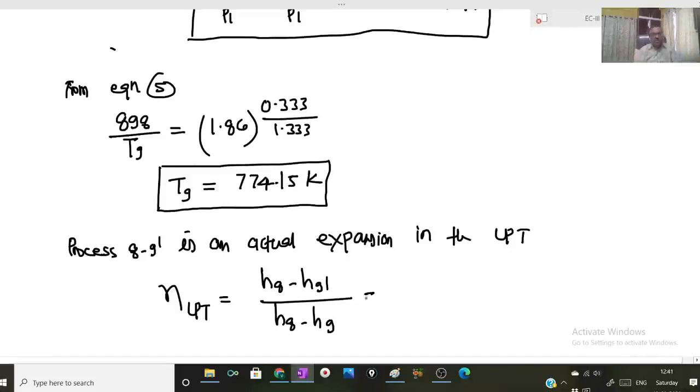So this will become, in terms of temperature, T8 minus T9 dash over T8 minus T9.